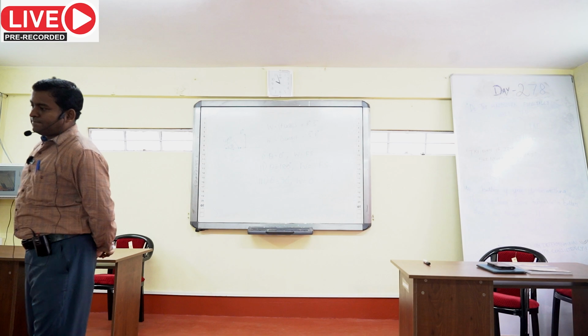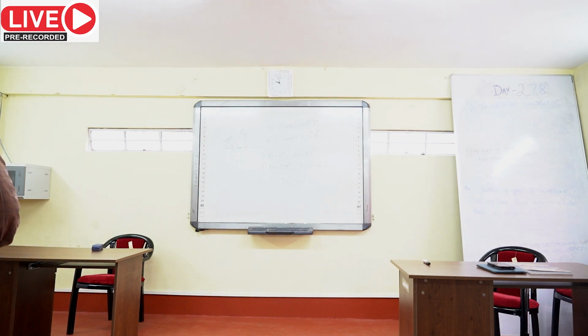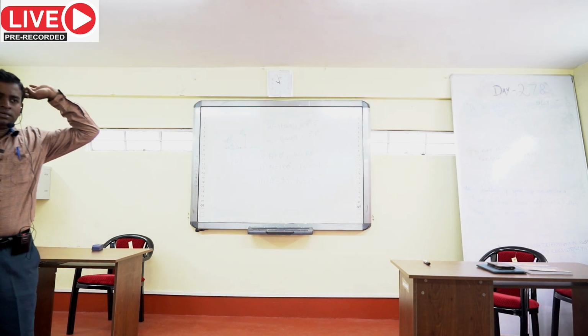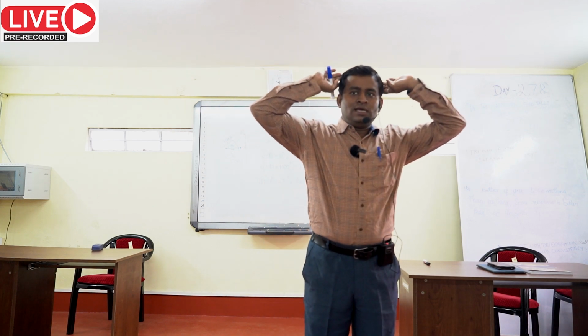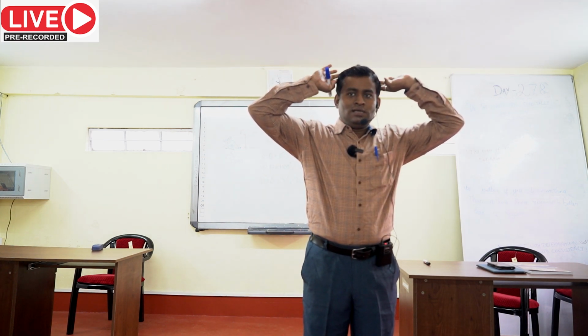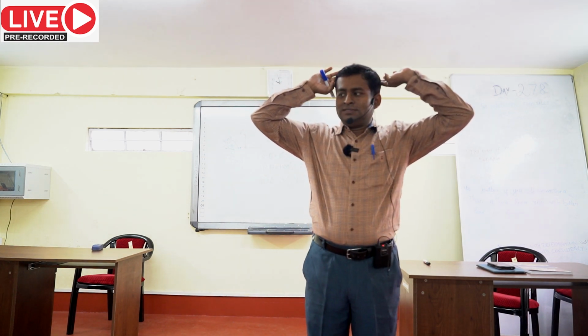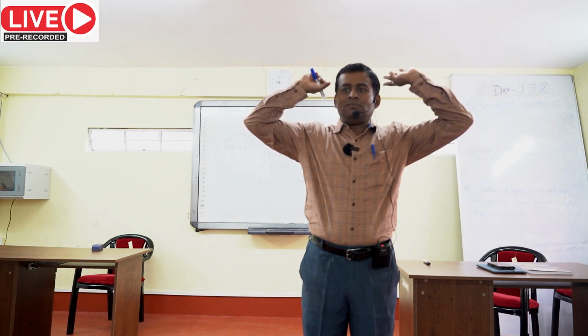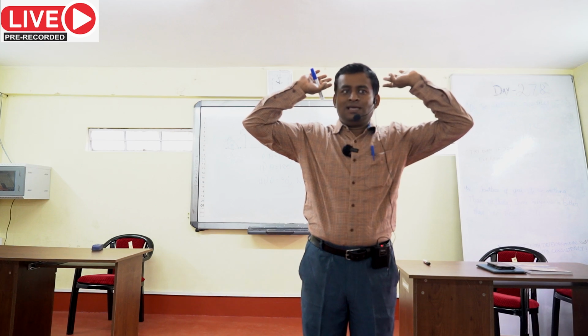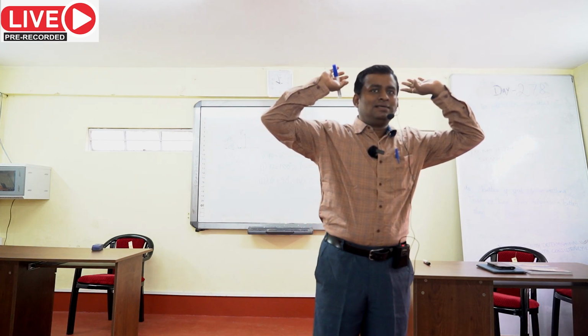a porter carrying a luggage over his head and moving like this. So he is not doing any work. That's moving horizontally, so we must not give any money to the porter, right?